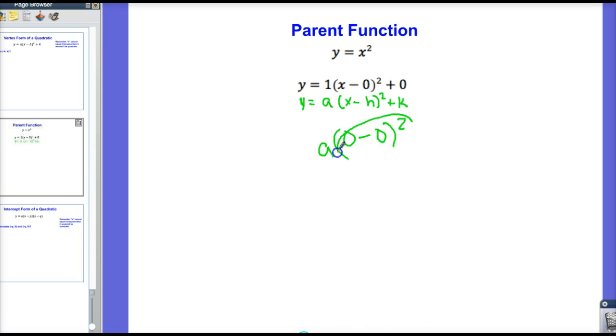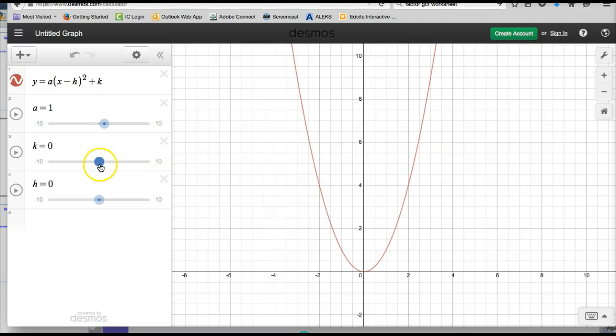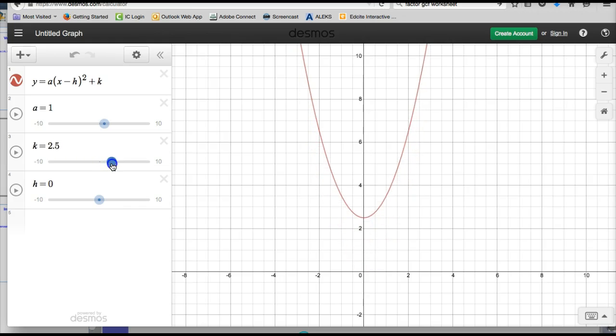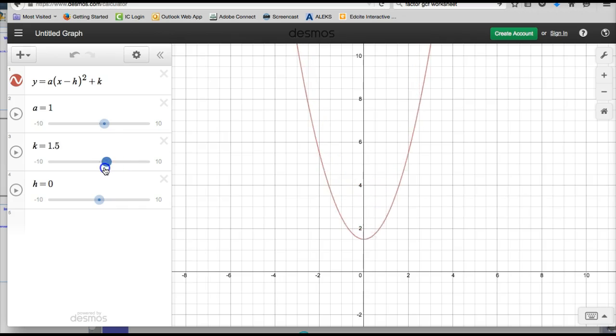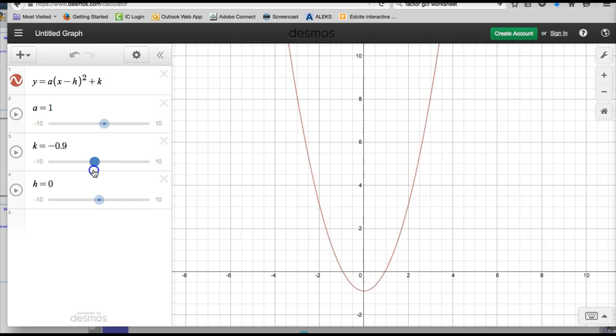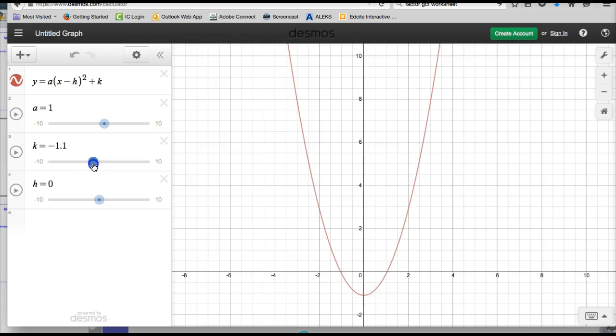So this whole thing goes away, and we're left with whatever k is. So that's kind of an easy explanation there, because now y equals k. Whatever k is, that's what y is. We can see that. As we change k, that's what y is. K is 4, y is 4. K is 0, y is 0. K is negative 2, y is negative 2. It changes with it.